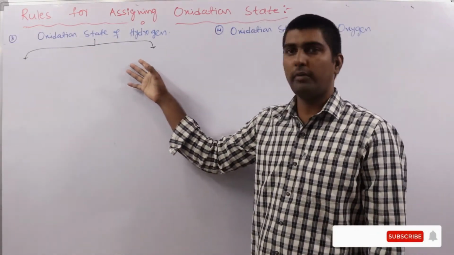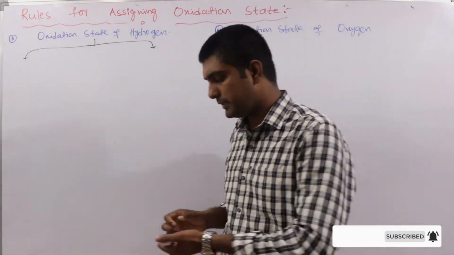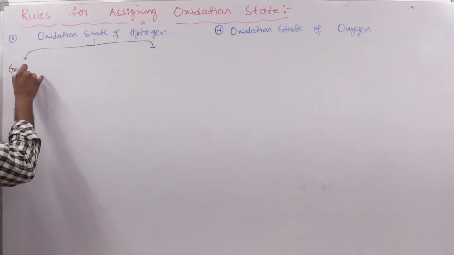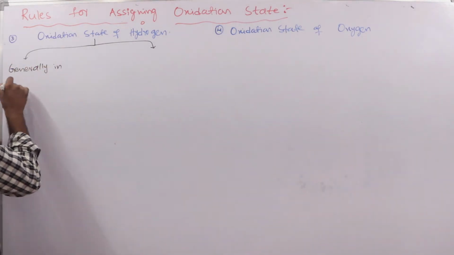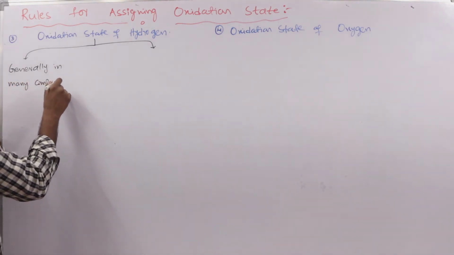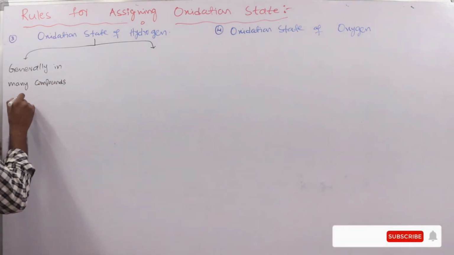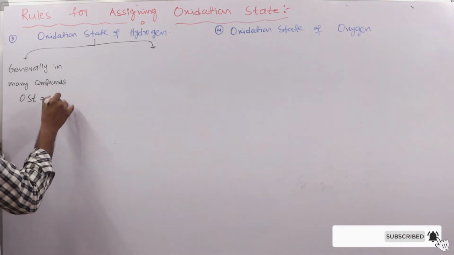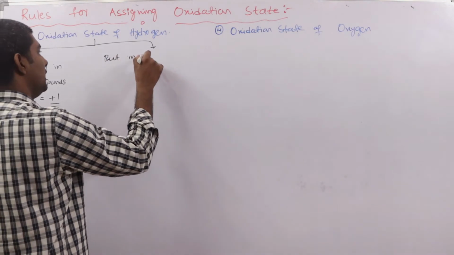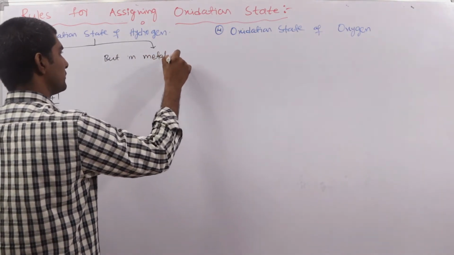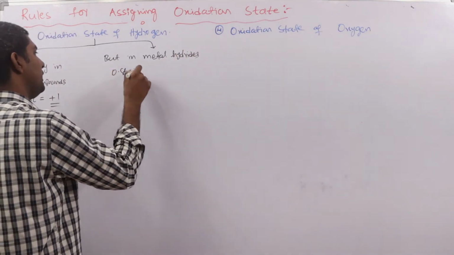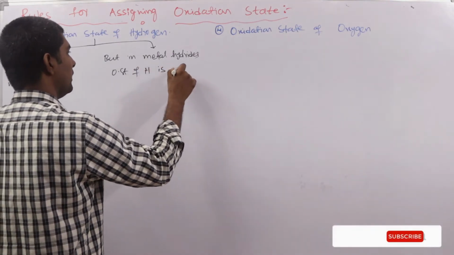Next, the oxidation state of hydrogen, very important. Here there are two cases. In the case of hydrogen, generally in many compounds it shows +1 oxidation state, but in metal hydrides, the oxidation state of hydrogen is -1.